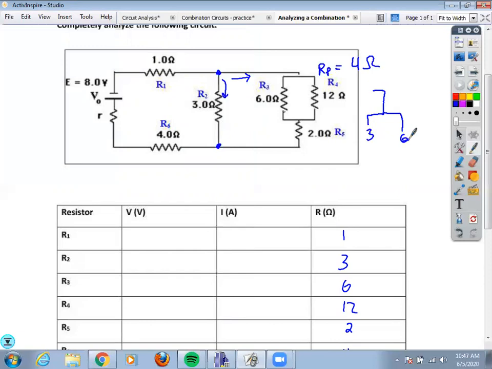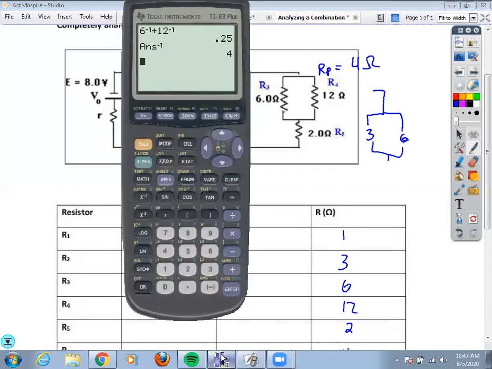Okay, so we'll figure that out for this side. So we have 1 over 3 plus 1 over 6. And that gives us 2. So this essentially is 2 ohms, yeah. Okay.